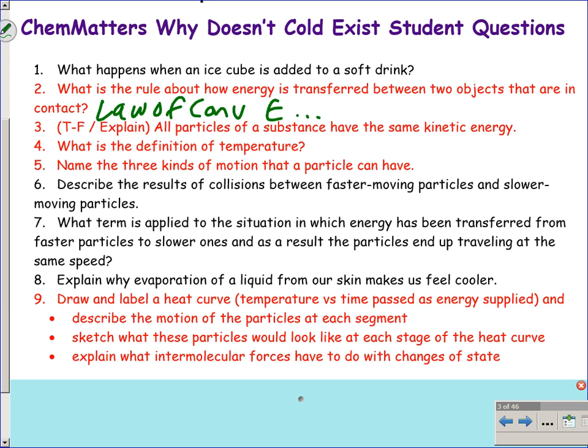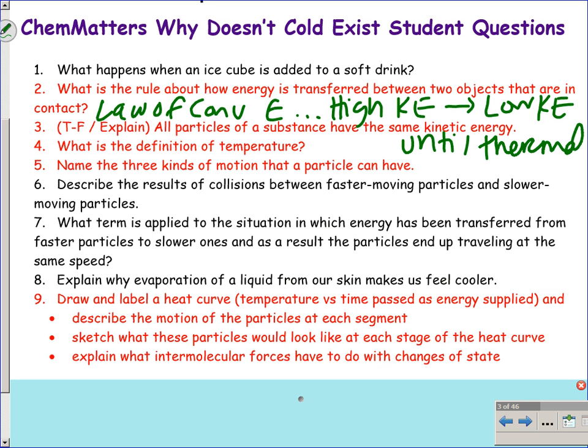Right, okay, so this is always true, because we will never lose energy; the energy is simply transferred. So when we say law of conservation of energy, it just means that it's transferred from point A to point B. And when it is transferred from point A to point B, it's going to go from the high kinetic energy area to the lower kinetic energy area until, what's the word that means equal? Put that together with heat. Thermal equilibrium, right, until thermal equilibrium. That just basically means it's at the same temperature from point A to point B.